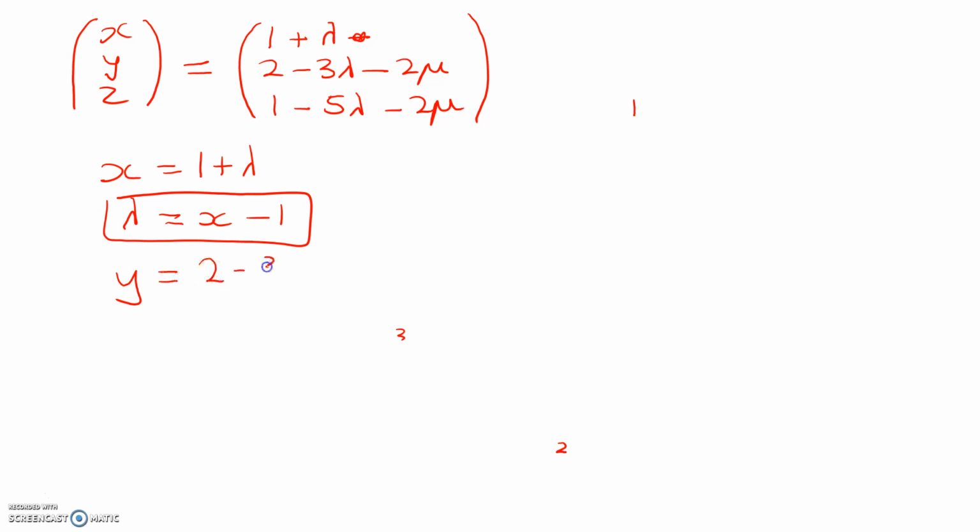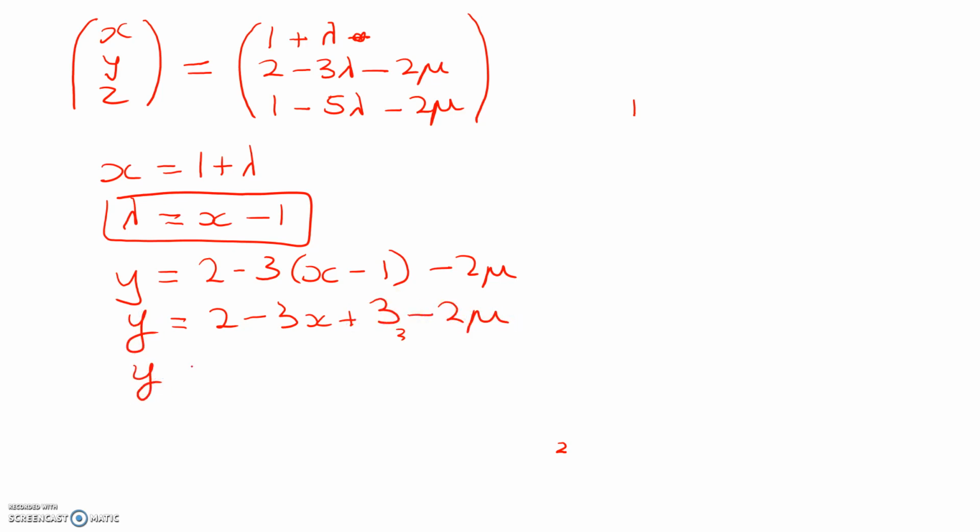Some of you may well have faster ways to do this, but this works. Right, so y equals 2 minus 3 times that minus 2 mu, and that gives me... Now remember my goal is to get rid of the mu and the lambda, so now I'm going to make 2 mu the subject.